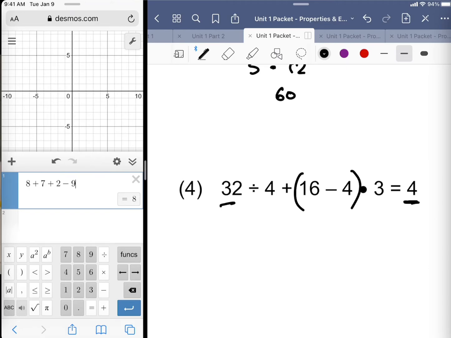We have something to start with. That 32 divided by something needs to give you a 4. So 32, perhaps, if we're lucky, all of this stuff will amount to an 8. If it does, then we'll have the 4 that we're looking for. But you don't know until you try. So keep that in mind. So 16 minus 4 is going to give you a 12.